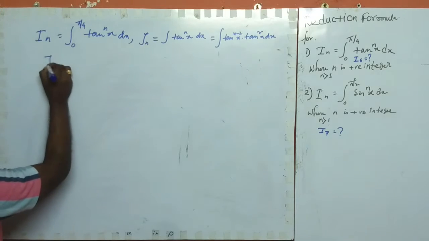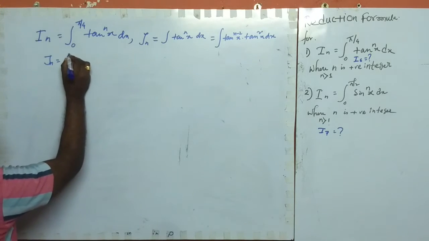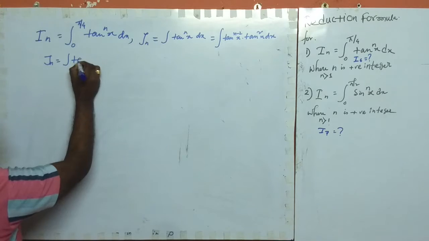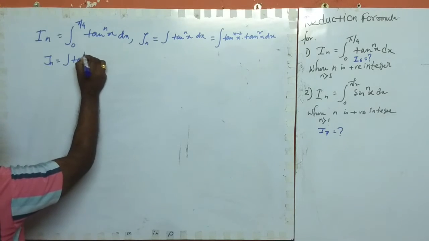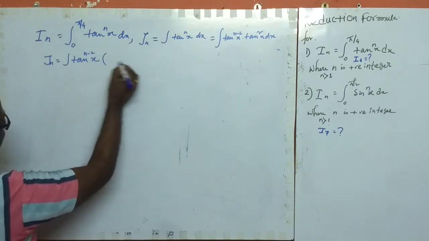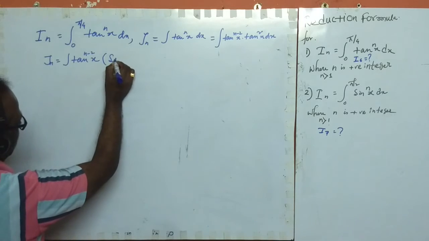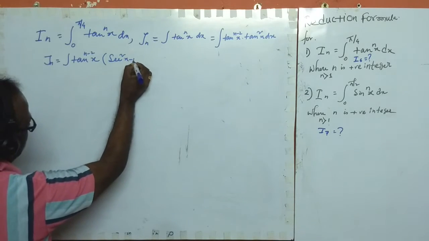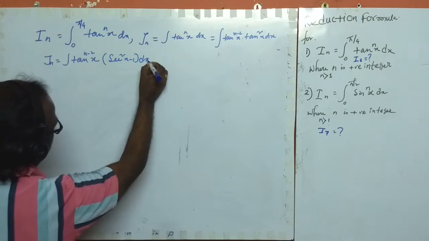Again see Jn, and this can be written as tan x to the power n minus 2 times tan square x, that would be sec square x minus 1, and dx.